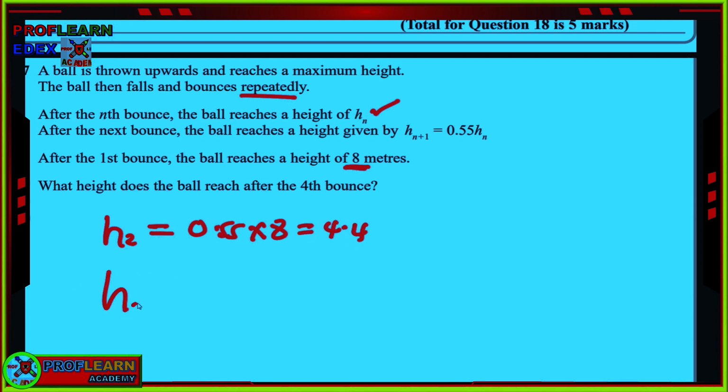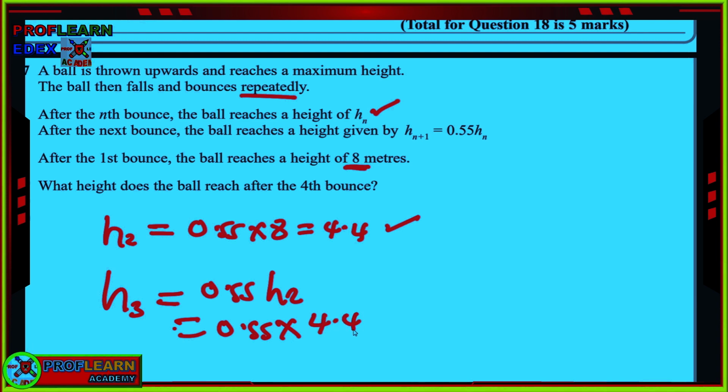Now h3 will be 0.55 times h2, and our h2 is 4.4, so 0.55 times 4.4, which gives us 2.42.